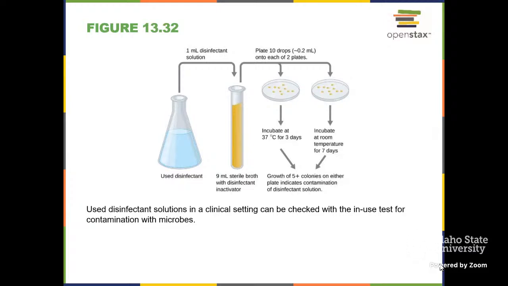And then we can basically see what happens, what sorts of growth are we getting in these situations. And these are two different temperatures that we're growing them at to try to figure out what's up, all right? And it lets us see if the disinfectant itself is fine, or if it's potentially got some sort of a contaminant in there as it's spread out, all right?